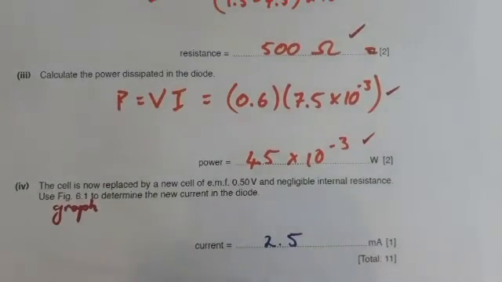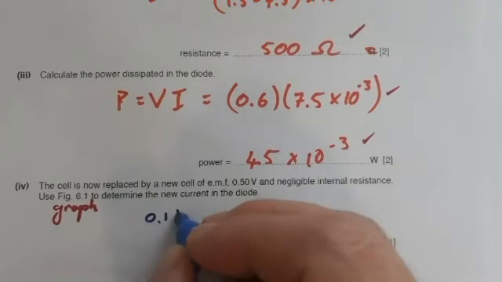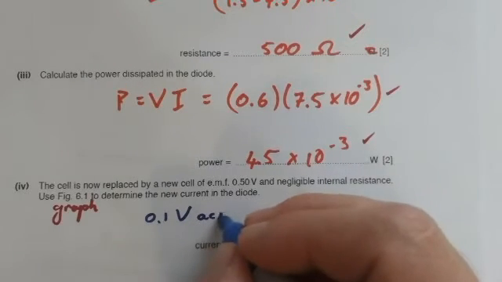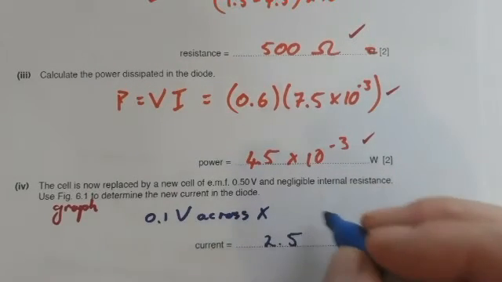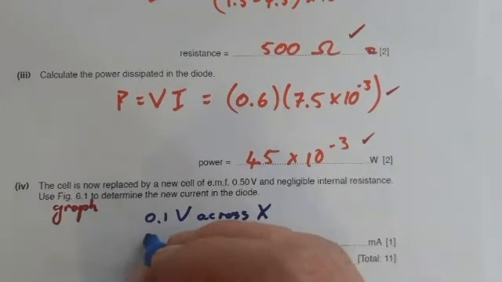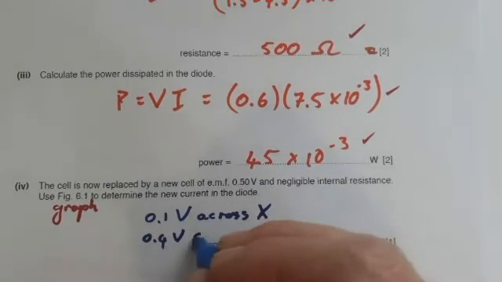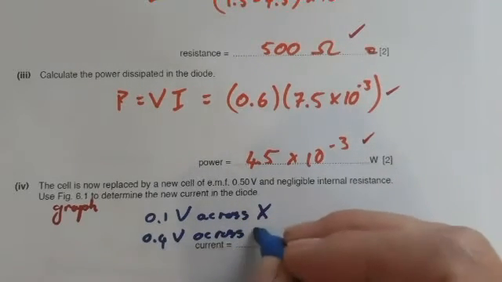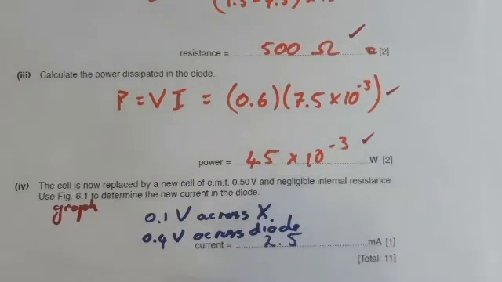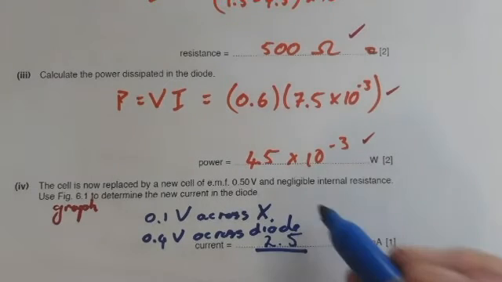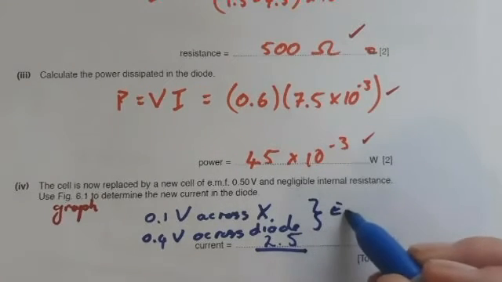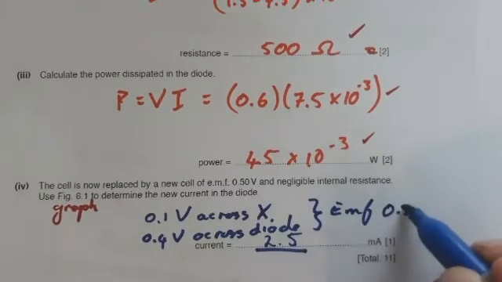So there is a 0.1 volt across X and a 0.4 volt across the diode. And that gets to the 2.5 milliampere. And that is equal to my EMF, which is the 0.5 volt.